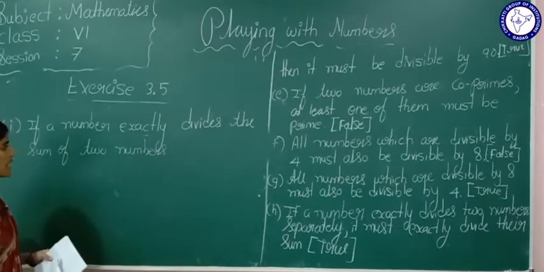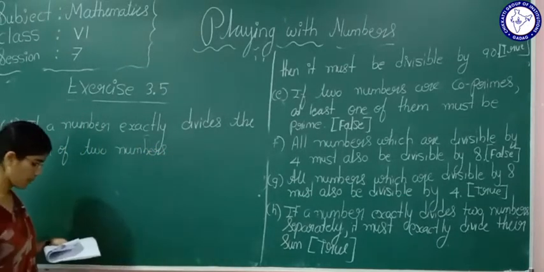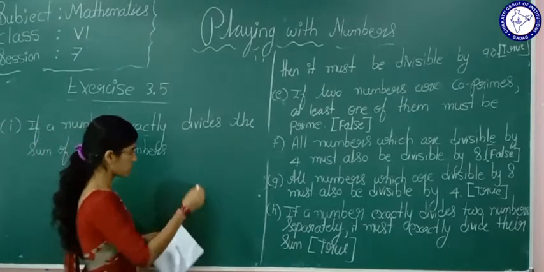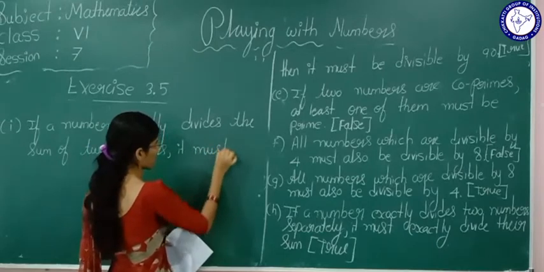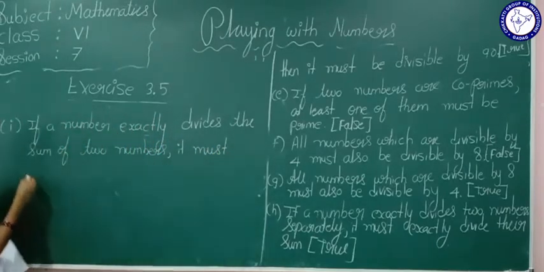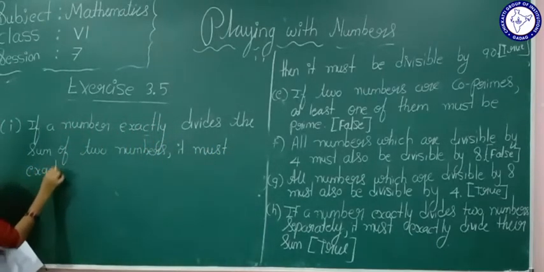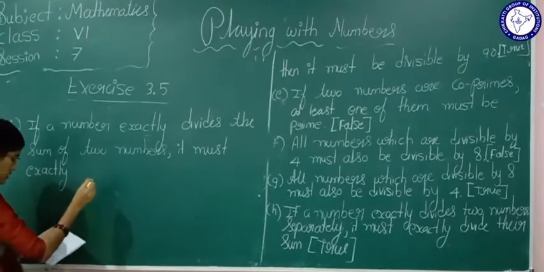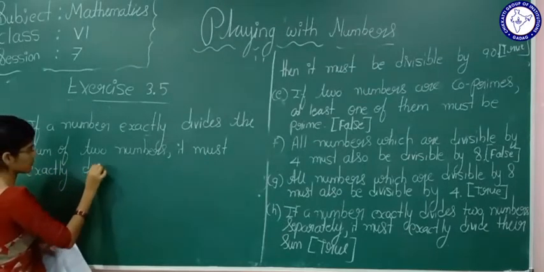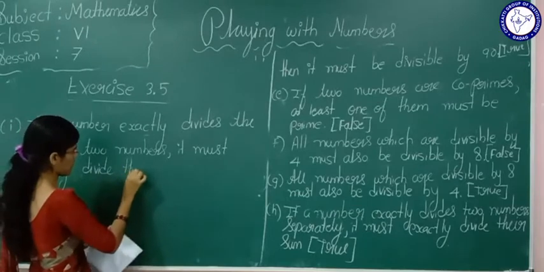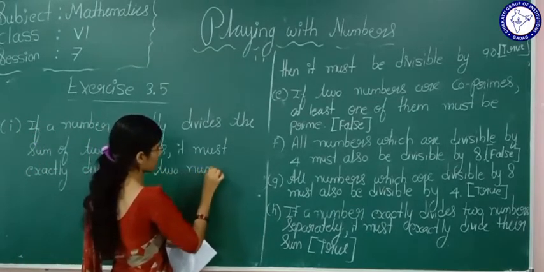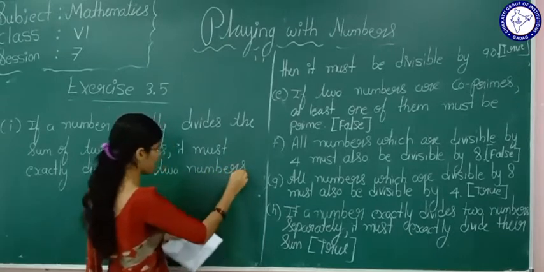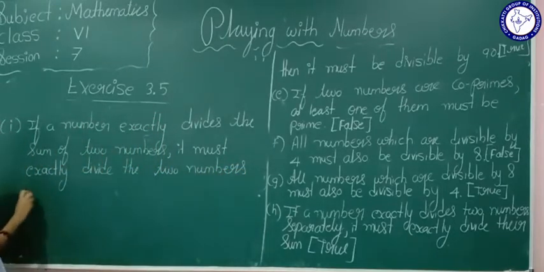If a number exactly divides the sum of two numbers, it must exactly divide the two numbers separately.